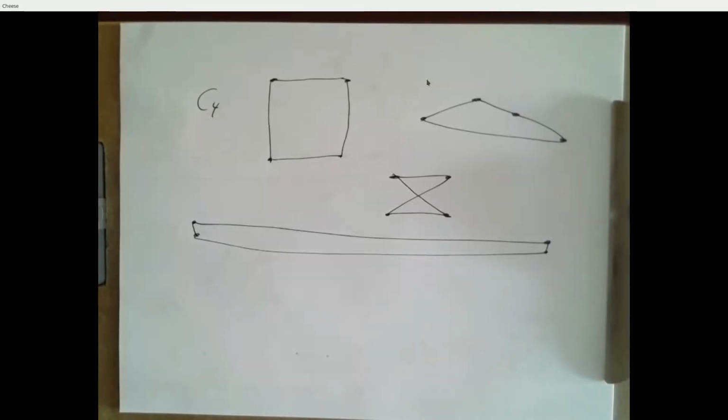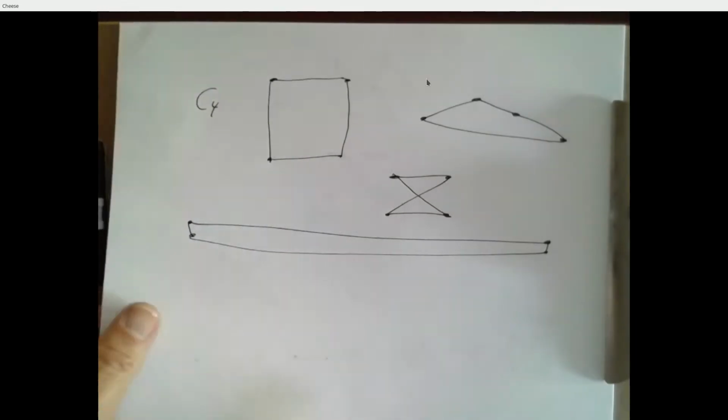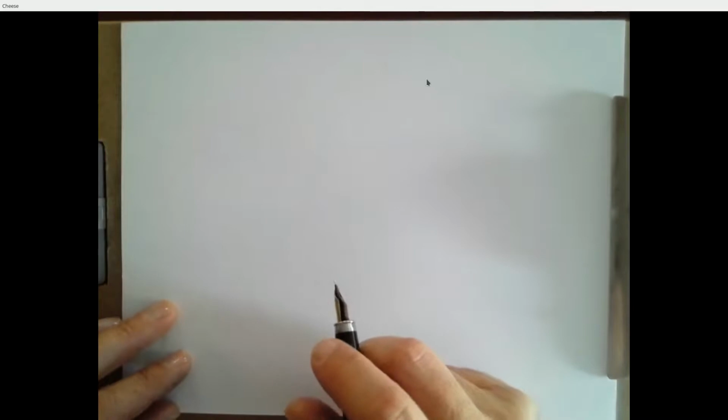And it should be agnostic to how it's drawn on paper, for example. So let me give you a couple of more definitions and then we'll represent these things in computers.